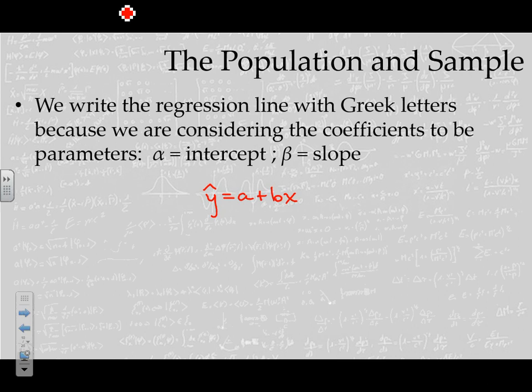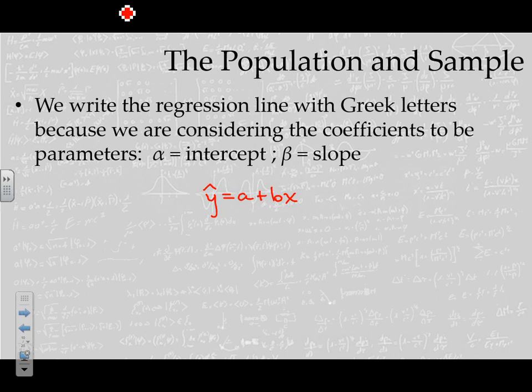So this is not an actual value of y from the data. It was predicted based on the model. So we had y hat equal to a, which was the y-intercept, b was the slope of the line, and then x was the value for x in our particular scenario.